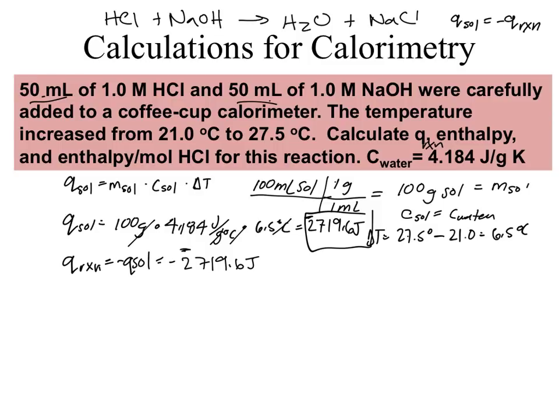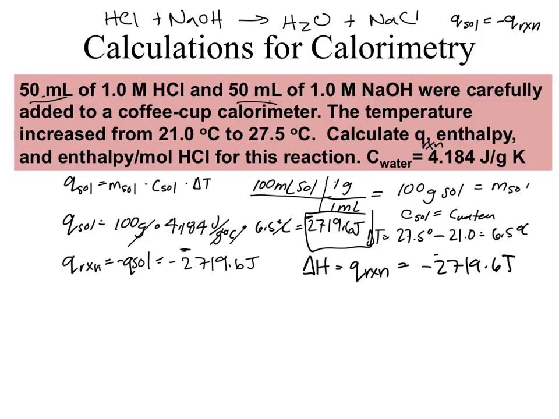So now we want to find our enthalpy value. And remember, because this is a constant pressure situation, our enthalpy value is equal to our Q of reaction. Okay, so this is our corresponding enthalpy value.